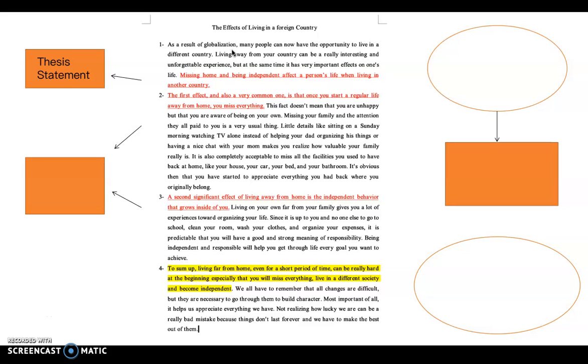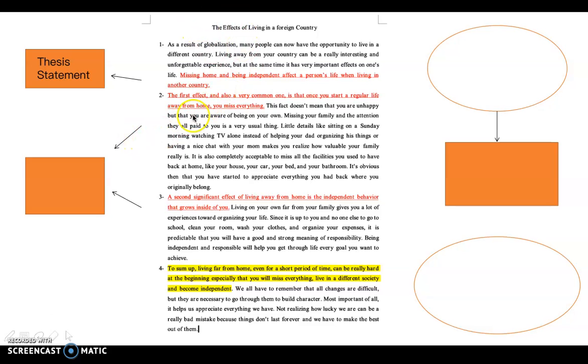Because in globalization, people move from one country to the other, they meet different people, so they want to travel more. But he then went and mentioned an opposite idea, which is missing home and being independent. So when you are in a different country, you might miss your home, and being independent can really affect you.